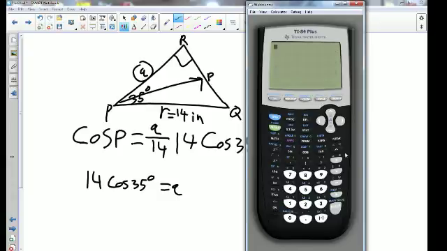Clear all that. Mode. We're going to go into degree mode because we are not in calculus.